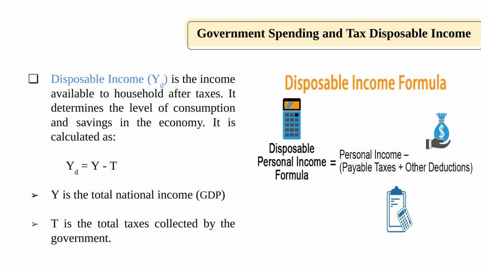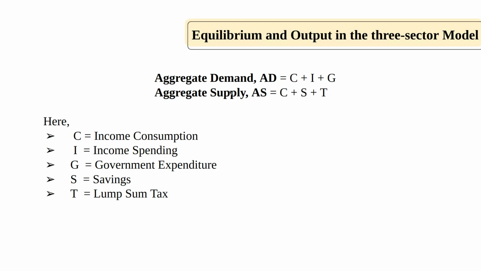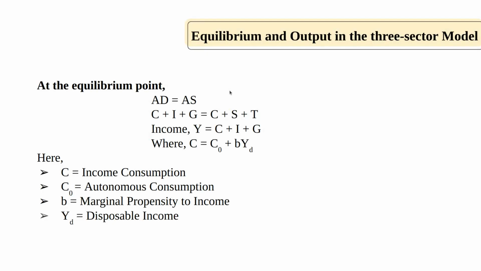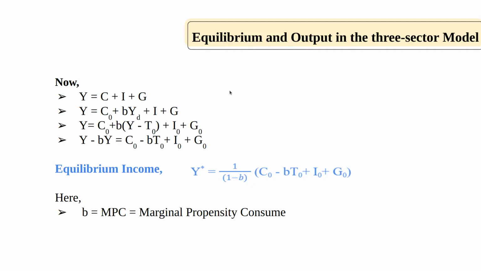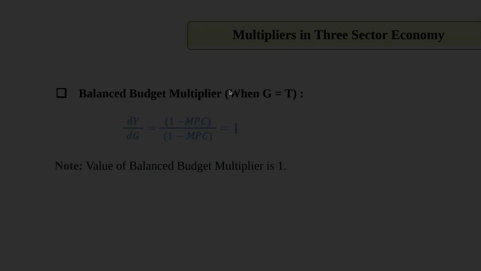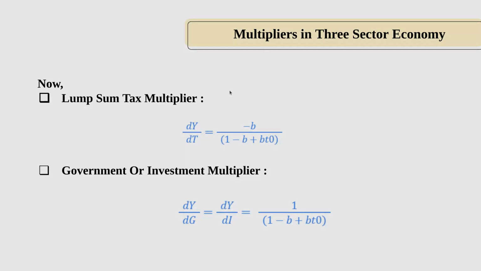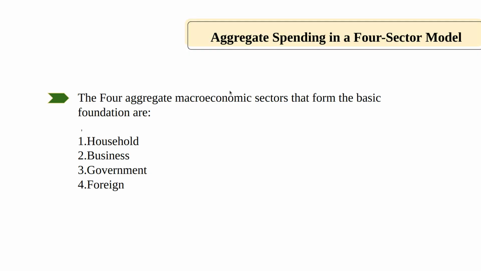Finally, in the four-sector model, we add the external sector. The four aggregate macroeconomic sectors that form the basic foundation are household, business, government, and foreign, which you already know from the first few minutes.